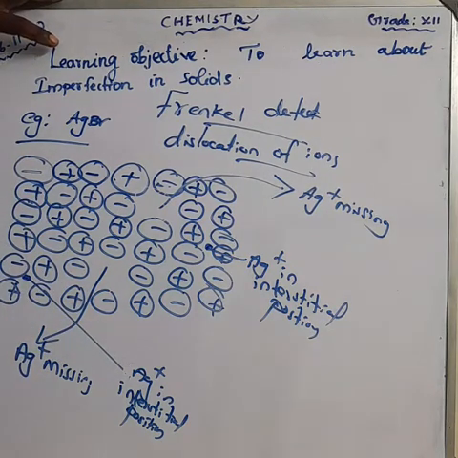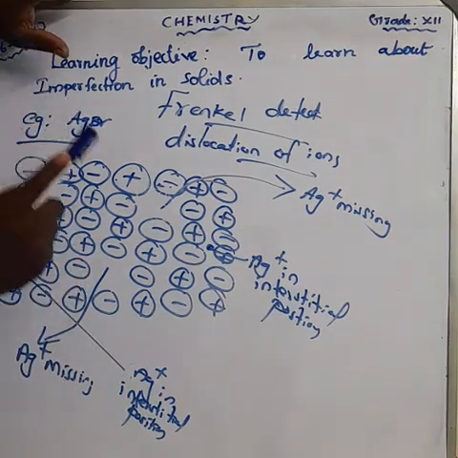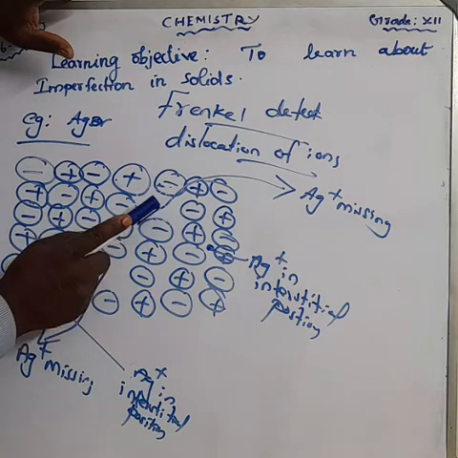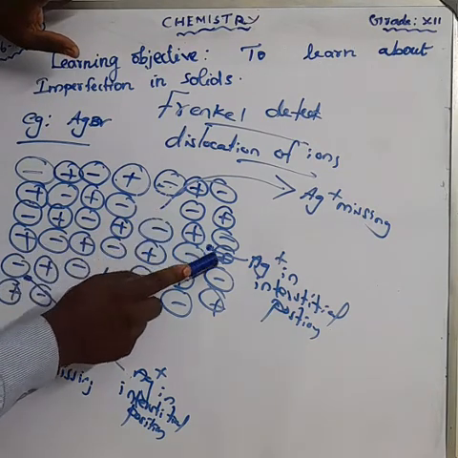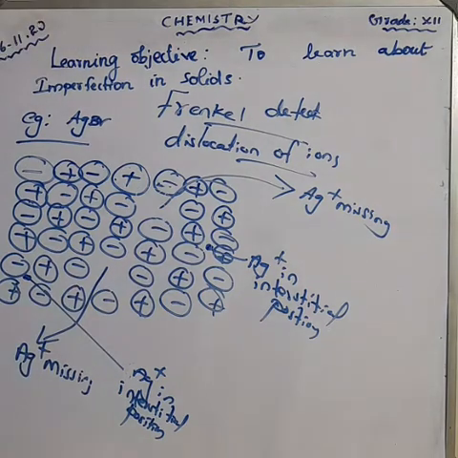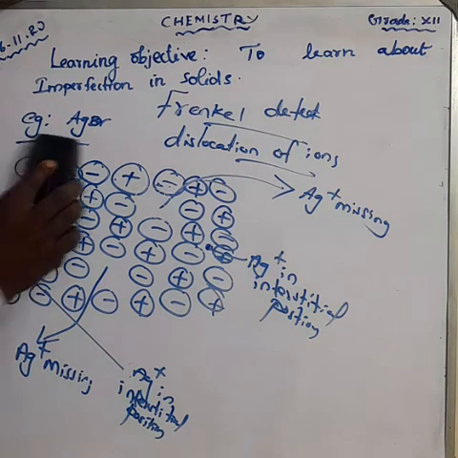What is the next point? Ag plus ions leave their normal site and occupy an interstitial position. These are about the Frenkel defect.